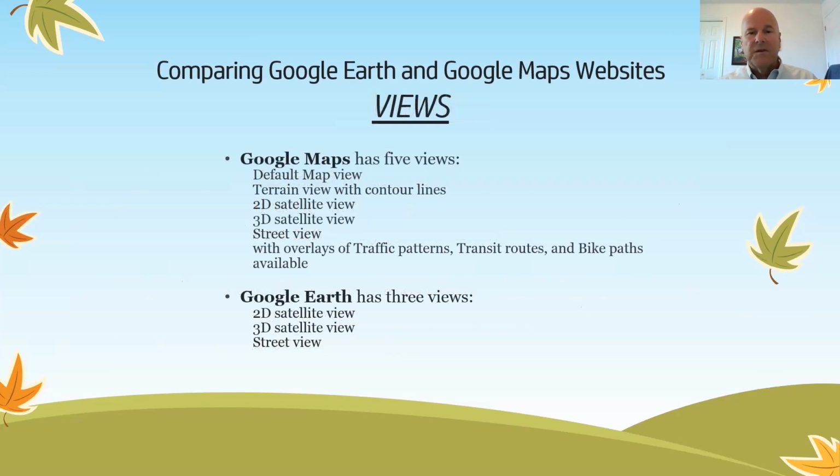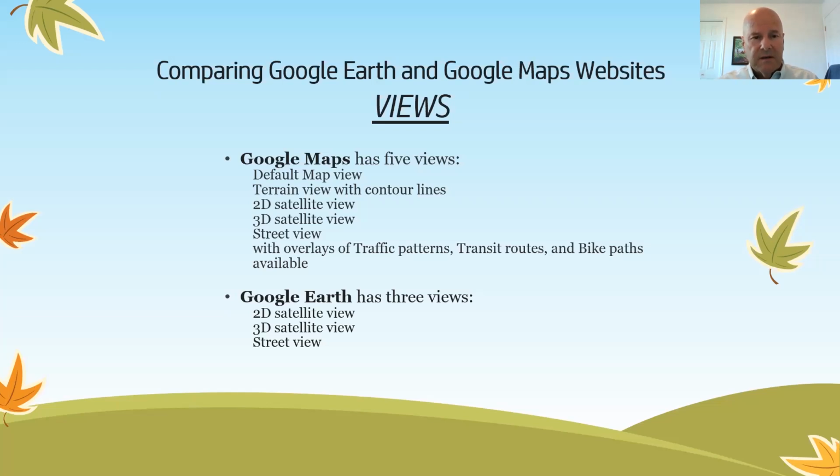Now let's look at the different views between these two websites. In Google Maps, there are 5 views. There's the default map view, which most people know. There's a terrain view with contour lines. It's kind of like a topographical map.